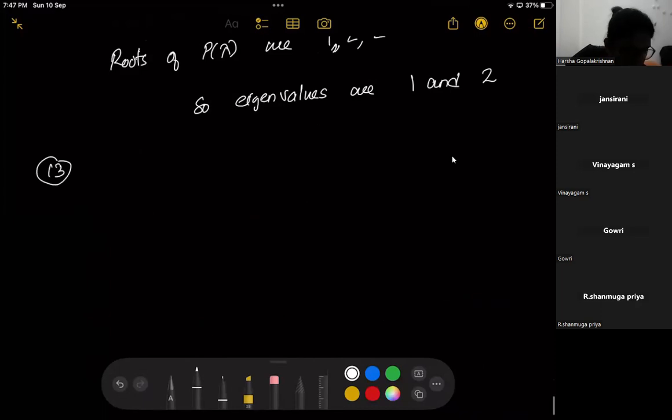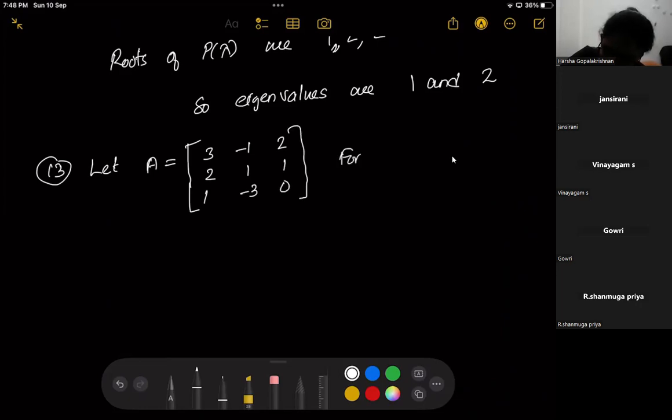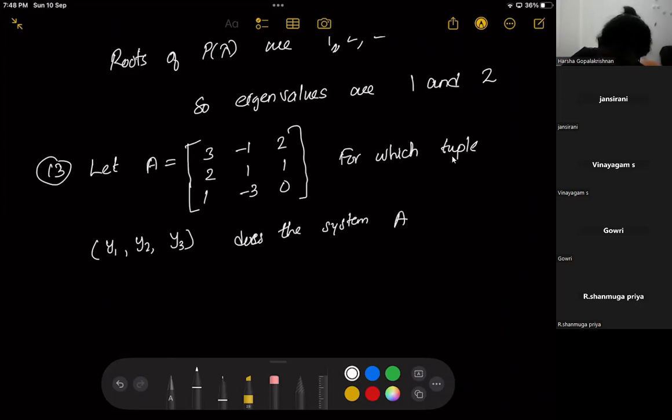Given a matrix A, the 3 by 3 matrix is given.